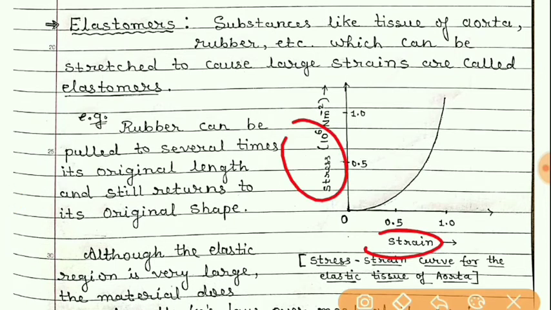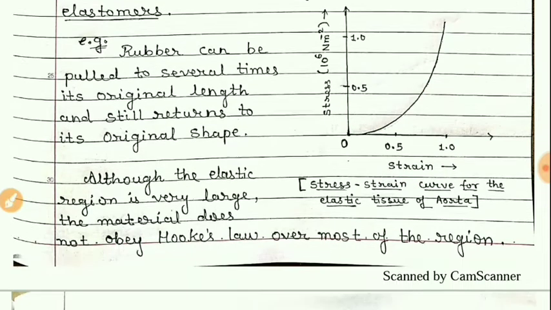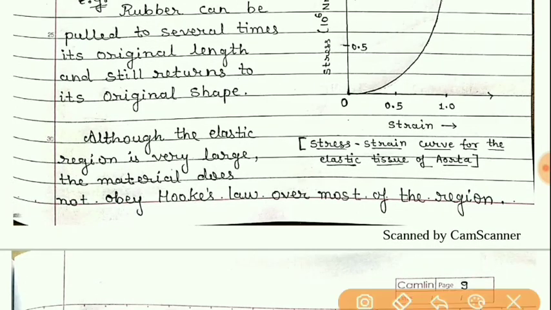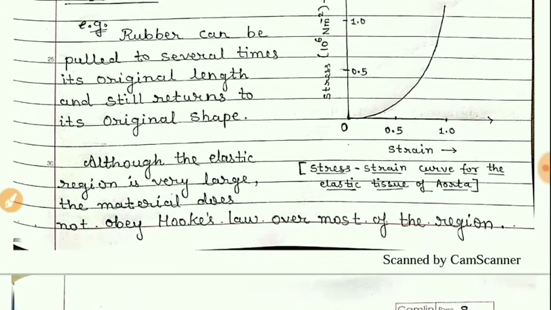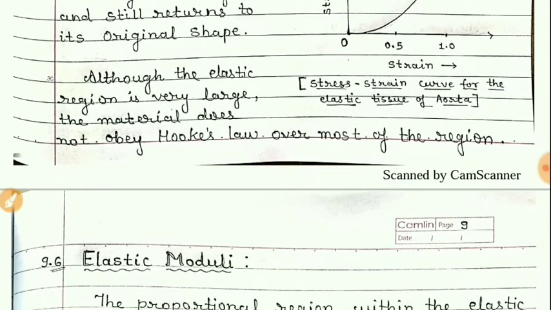But here you can see at no place the graph is a straight line. And so we can say that Hooke's law is not obeyed for most of the region. Definitely for this part, from this point to this point, it looks like a straight line. So for some parts we can say Hooke's law is obeyed, but mostly it does not obey Hooke's law.